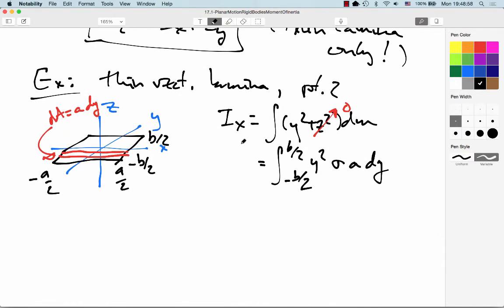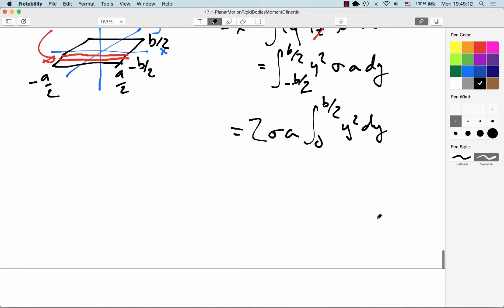Alright, so I can fold the integral again. So it pulls out 2, and sigma and a are both constants, so I'll pull them out too. Integral 0 to b over 2 of y squared dy.